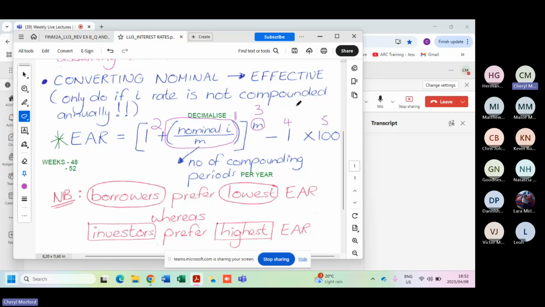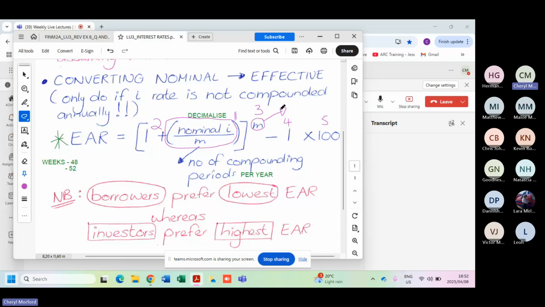So let's go again. The nominal rate in decimal form divided by M equals, on the calculator, plus 1 equals. Raise it to the power of M equals. Minus 1 equals. Times 100 equals a percent. Right, now, I just want to make sure that you know this.